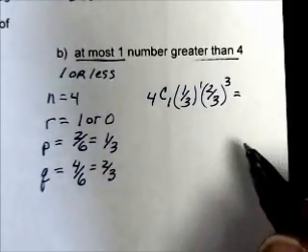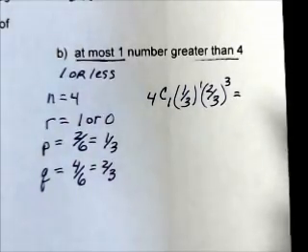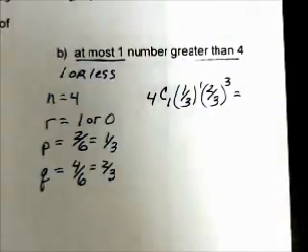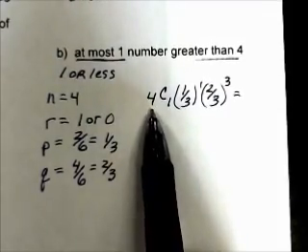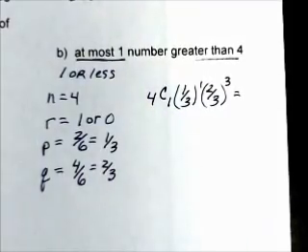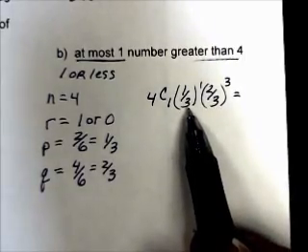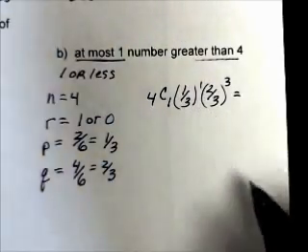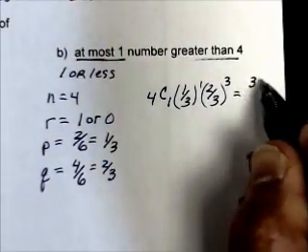That's going to equal, before we had the TI-84s, we had to work these out by hand, and I just know from practice that 4C1 is equivalent to 4. 1/3 is 1/3. 2/3 cubed is going to be 8/27. So 4 times 8, that's 32 over 81.